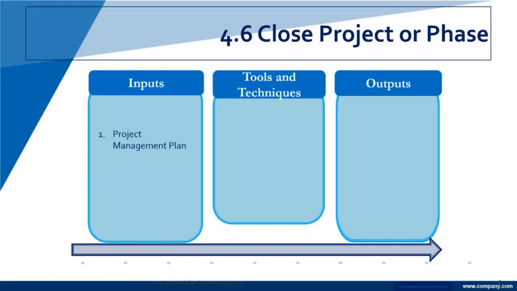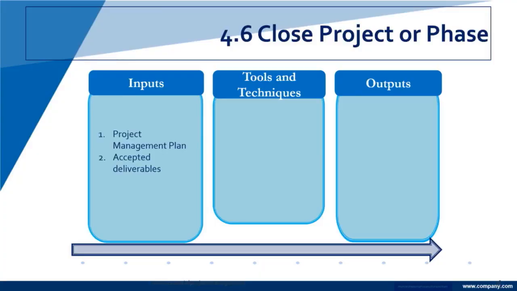Our inputs, we have the project management plan. That's kind of our roadmap, always, of what we're doing, how we're doing it. We have accepted deliverables. If you're closing the project or the phase, that assumes that you finished doing what you were trying to do. So you have deliverables that you've delivered, products or services that have been the object of the project from the beginning.